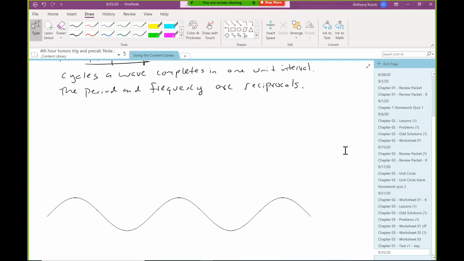So let's take an example here, like this wave that we have drawn right now, and talk about visually what we mean by things like amplitude, midline, and period. So again, if you want to draw this, cool.